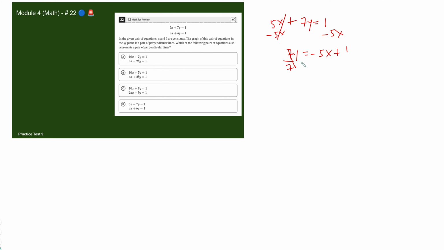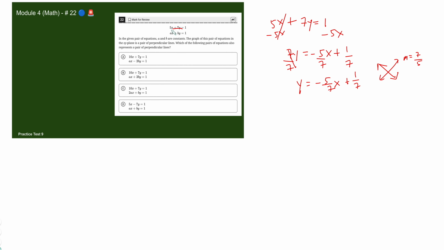Divided by 7, y equals -5/7x plus 1/7. So this line has a slope of -5/7, which means the slope of the line perpendicular to it would be positive 7/5.